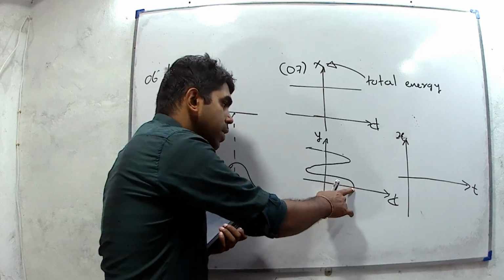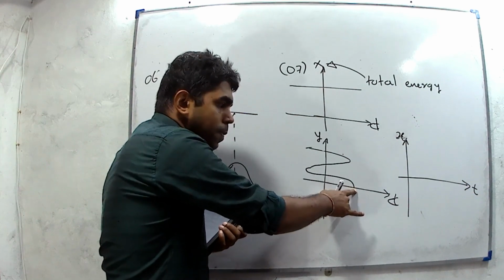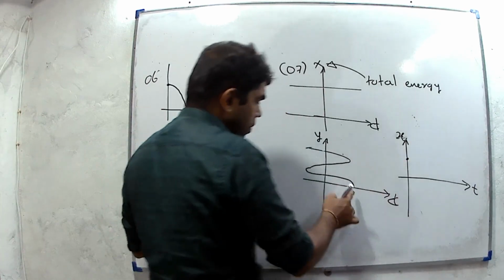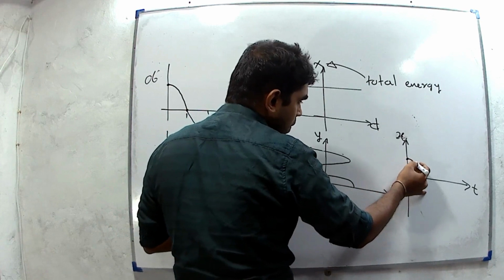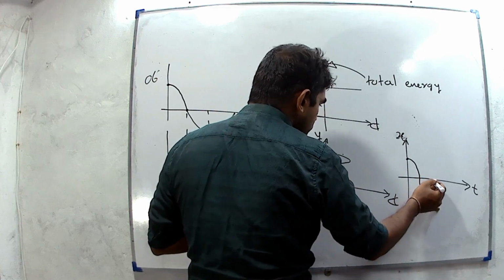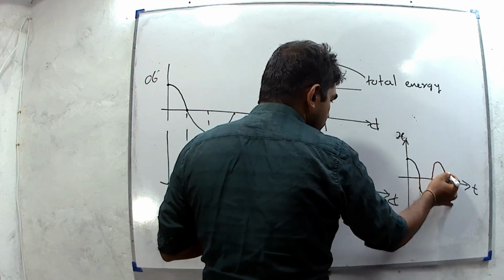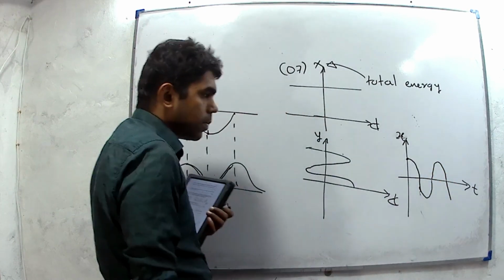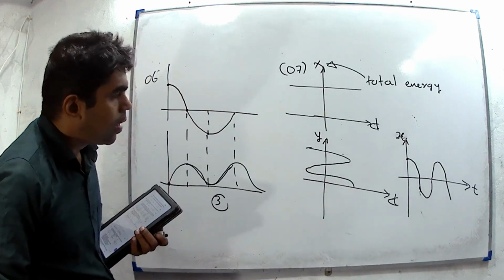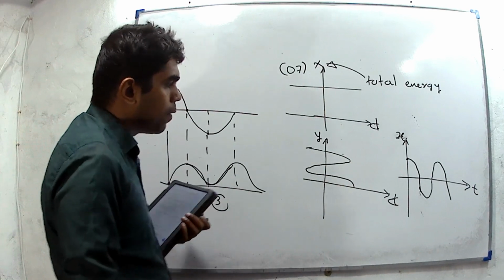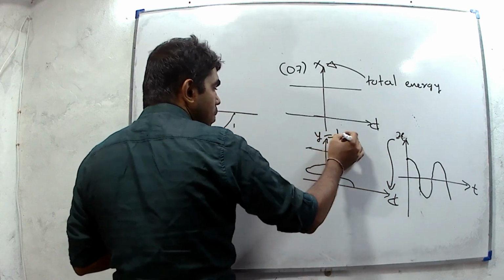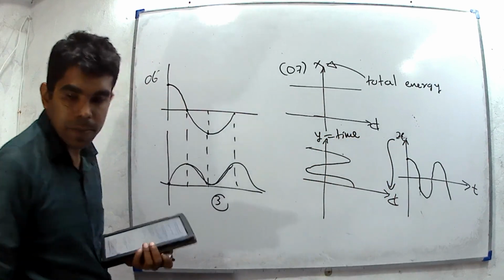At the initial point, displacement is maximum for this graph, and displacement becomes 0, again minus maximum, 0, plus maximum, again 0, minus maximum. This graph is like this, but they have interchanged the physical quantities. Therefore, displacement is on this axis, it means x, this should be time, then y is representing time.